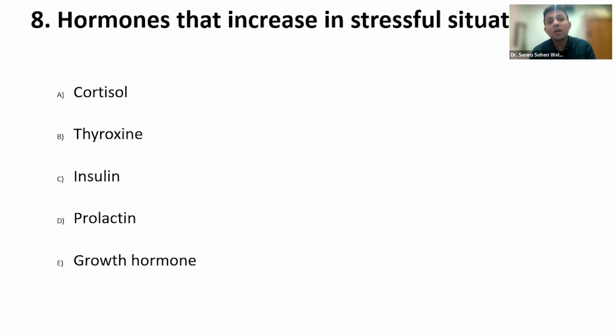Whether that is helpful or not is another question, but it will increase in your stressful situation, so prolactin will be true. Growth hormone is again true, especially in cases of stress. It increases and helps in situations like hypoglycemia by raising your blood glucose level. So for this question: true, true, false, true, true.